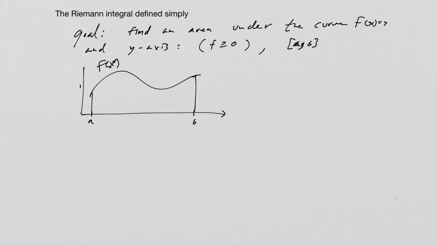Okay, so in order to figure out what this area is, and we've talked about this in previous lectures, what we're going to do is start with a partition sequence.